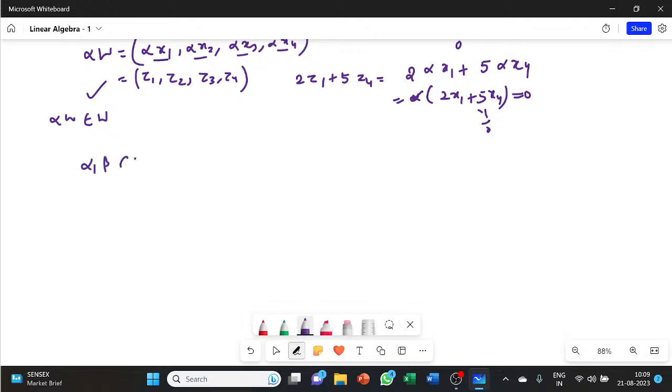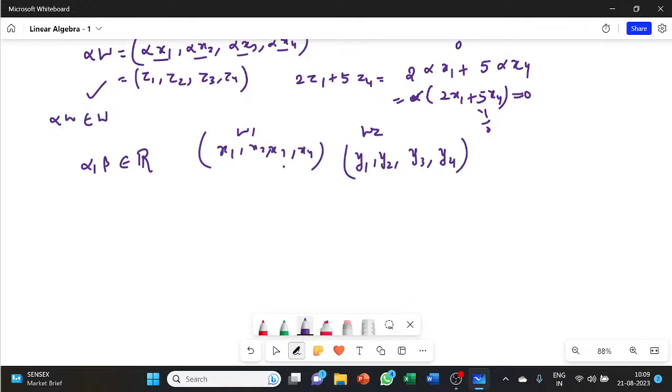Let alpha and beta belong to R. And let us say x1 comma x2 comma x3 comma x4 is your w1, and let's say your w2 is y1 comma y2 comma y3 comma y4. To remain in w1, you should have 2x1 plus 5x4 equal to 0.